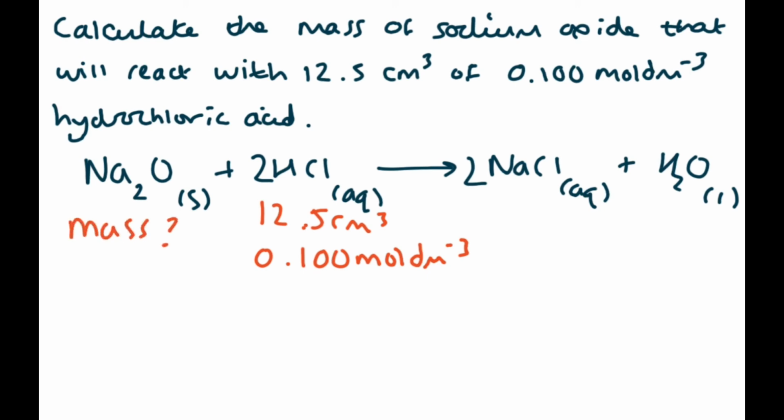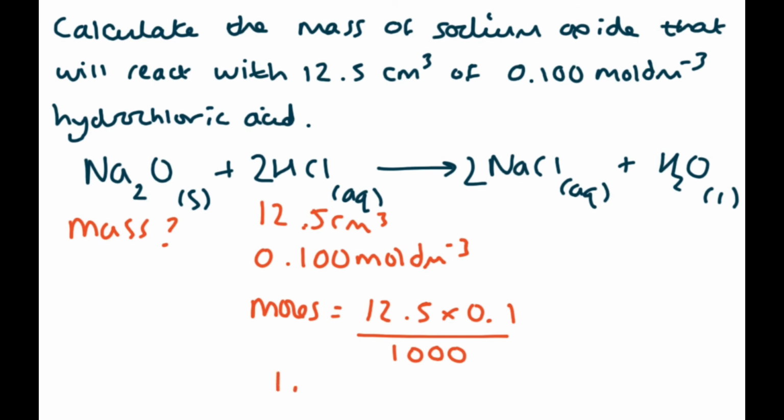Okay, so the first thing we're going to do, we've got a volume and a concentration, so we can find the moles of acid, the amount of acid. So volume in centimeters cubed times the concentration divided by 1,000. And that gives us a moles of 1.25 times 10 to the minus 3 moles.